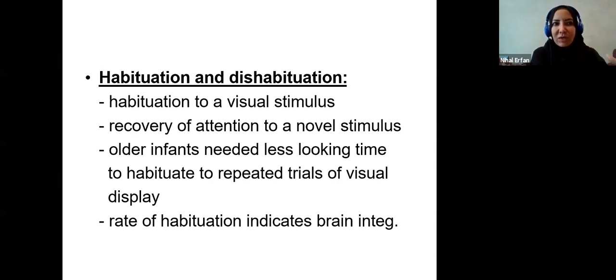You walk into a place and your eyes scan, but you immediately go to what you haven't seen before or what looks novel to you. Obviously, the ability to habituate indicates your brain integrity. So children who have impairment in their cognitive function have obviously less ability to do such a task.